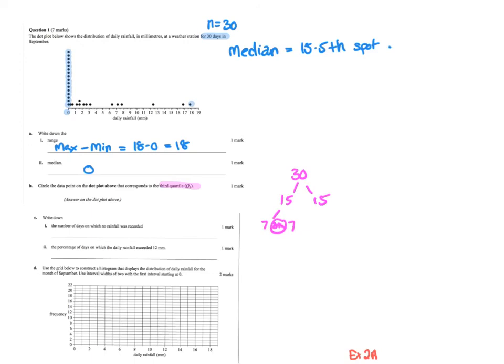So they want Q3, so I'm going to go backwards 7. 1, 2, 3, 4, 5, 6, 7, and it's the 8th one. You've got to circle it, that one there. So you just had to circle it.